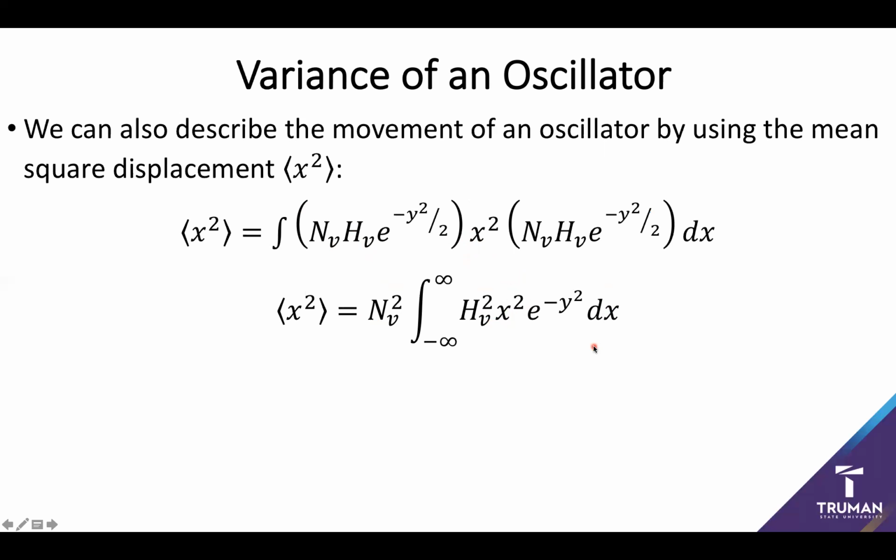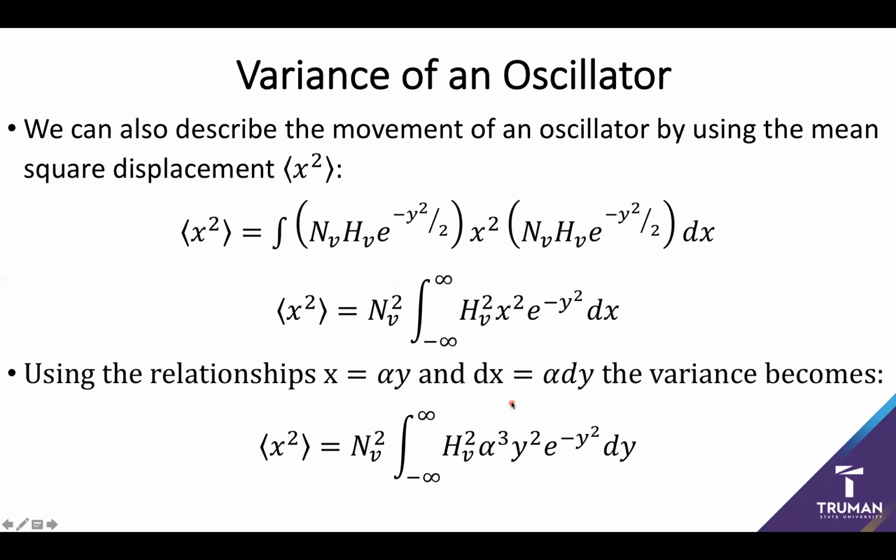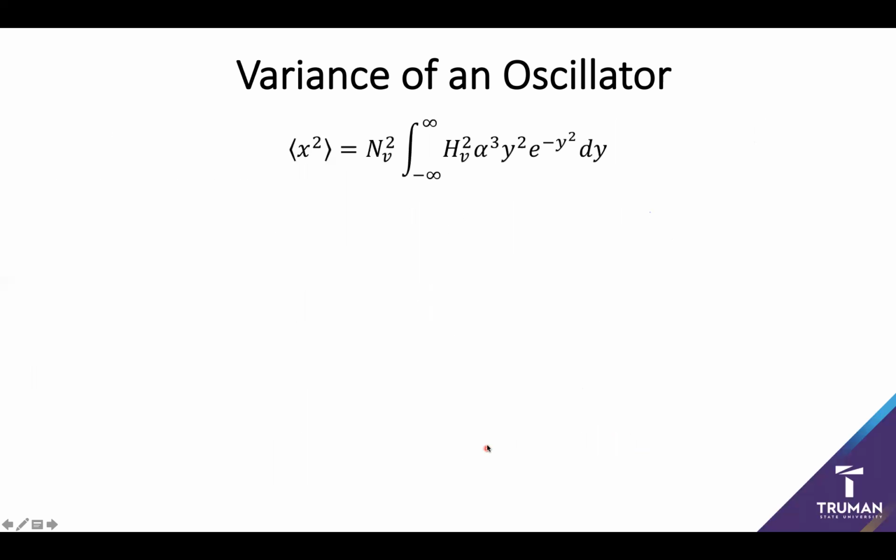I'm going to use my same substitution, except for now I have a cubic relationship with alpha. Again, an alpha squared from the x squared and another alpha from the dx going to dy. So this gives me another integral to try and solve.